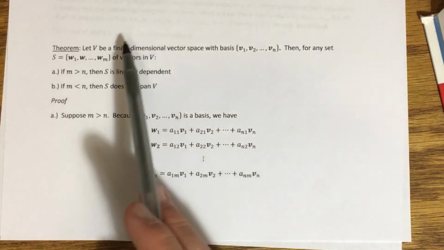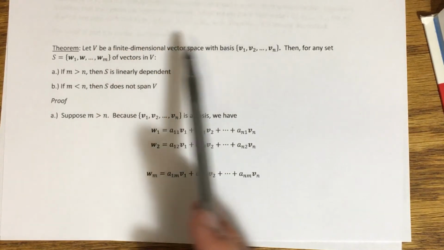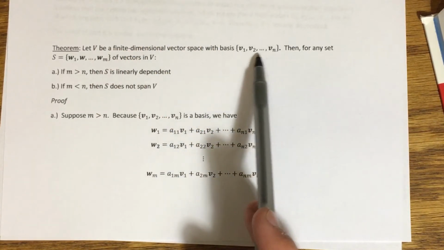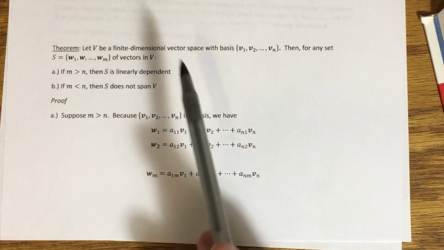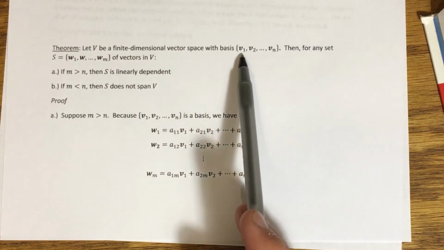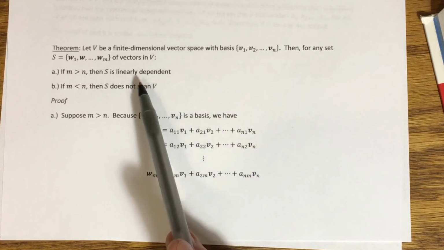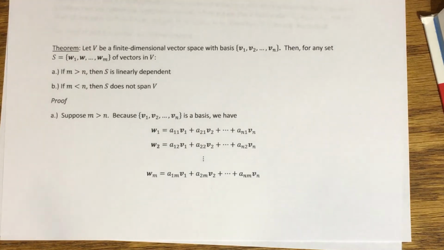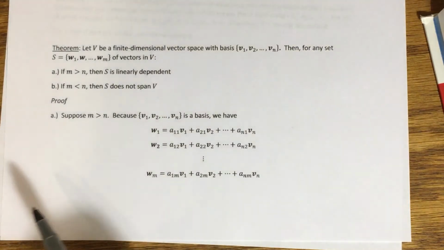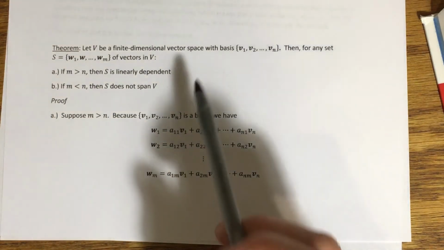What that means is that if V has this basis with these n vectors, then any other basis for the vector space V would also have to have exactly the same number of vectors. Otherwise, it's going to lose one of those defining characteristics of a basis. Now, we also need to be careful.